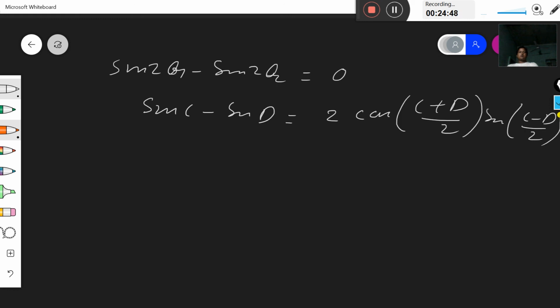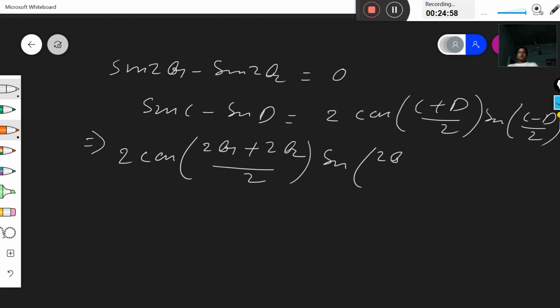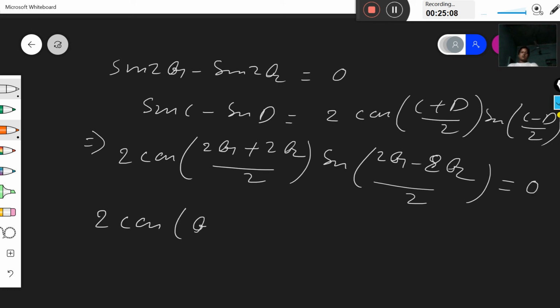So 2 cos (theta 1 plus theta 2) sin (theta 1 minus theta 2) equals 0.